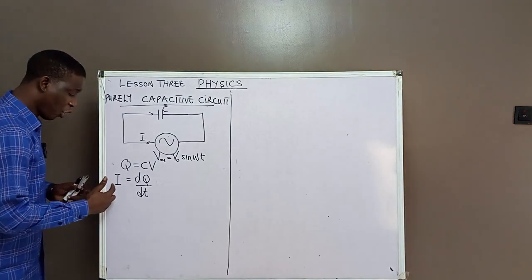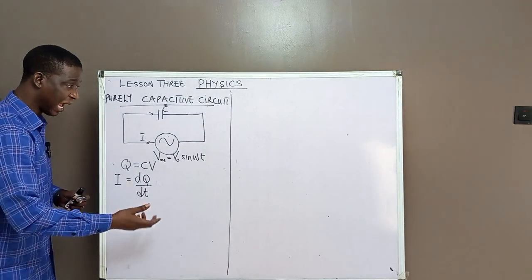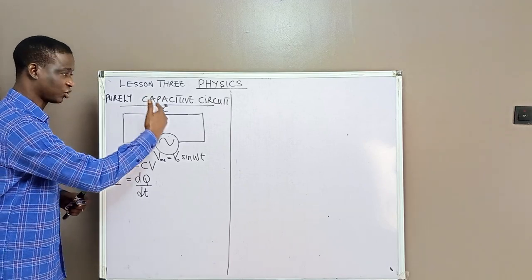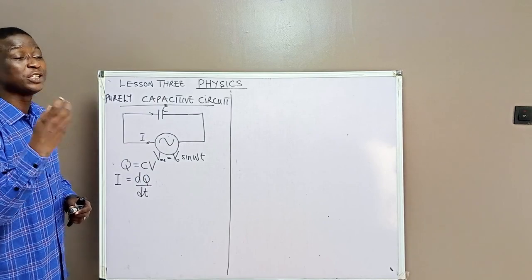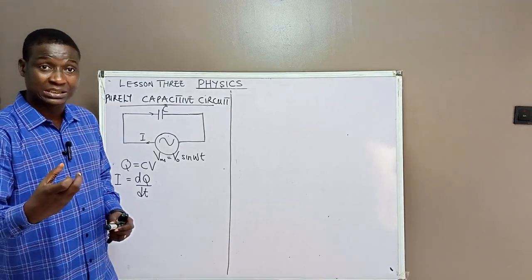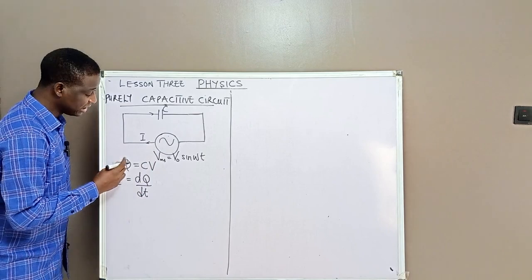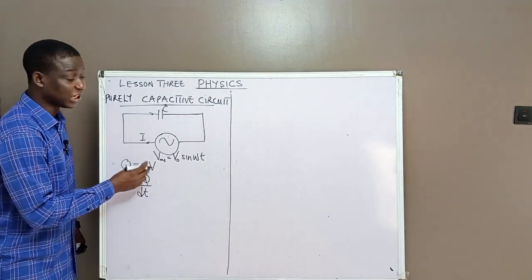As the time goes on, the more charge is stored by the capacitor. Don't forget, one of the primary uses of the capacitor is that it stores charge. So the charge that will be stored is equal to the capacitance of the capacitor times the potential difference.